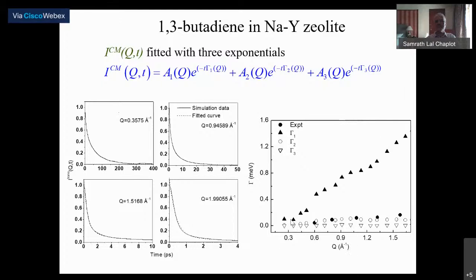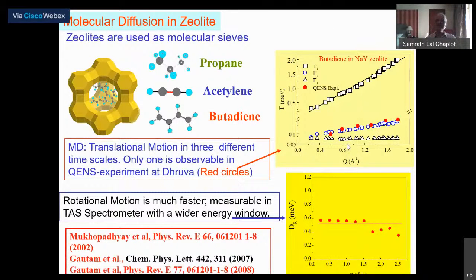So as a function of Q, you get the three full widths at half maximum, or rather the three relaxation times, which are a function of capital Q also. And so you can see there are three types of dynamics possible here. As we said, only one of these 3 was close to what was observable using a particular spectrometer, because these are at very different scales.